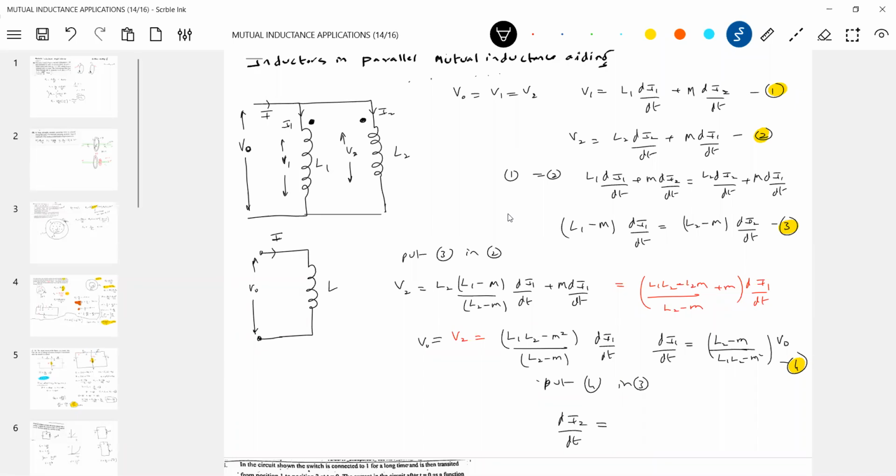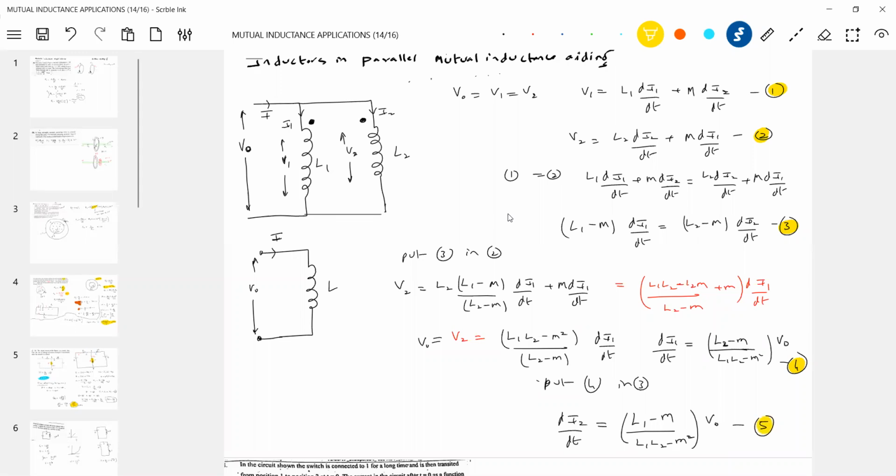Anybody value? L1 minus M. Yeah, fine. It'll be this much. Okay, this is equation 5.